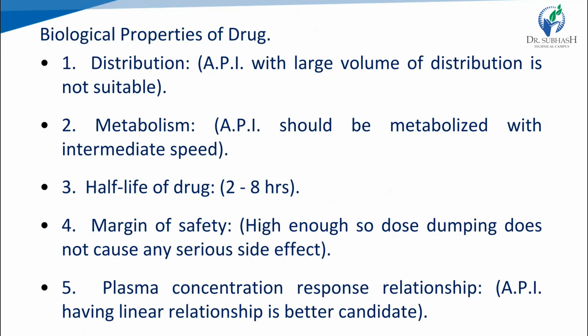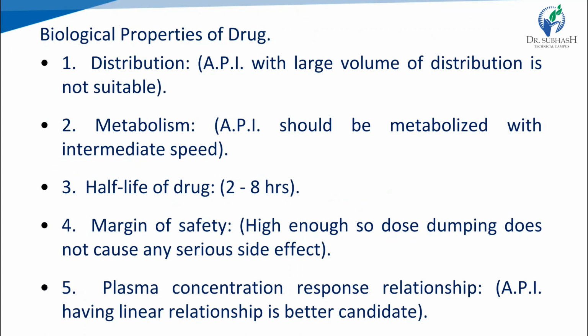If the half-life is less than 2 or more than 10 to 12 hours, the drug already gives sustained action, so it is a sustained release type of dosage form and we do not go for further sustained or controlled release for a longer half-life. Margin of safety should be high enough so that dose dumping does not cause any serious side effect.